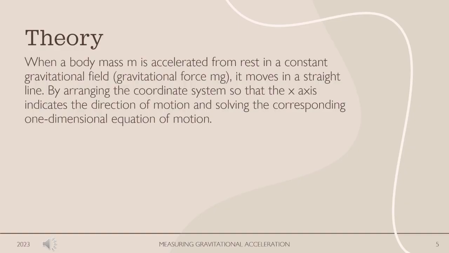Start with the theory. When a body of mass m is accelerated from rest in a constant gravitational field, it moves in a straight line by arranging the coordinate system so that the x-axis indicates the direction of motion and solving the corresponding one-dimensional equation of motion.